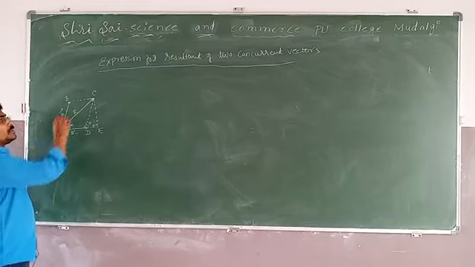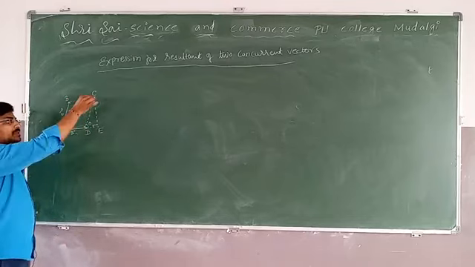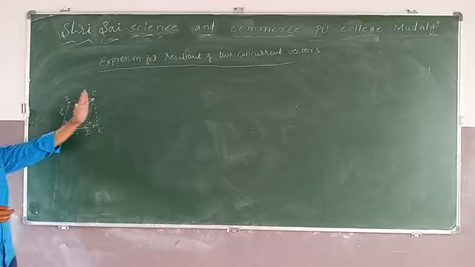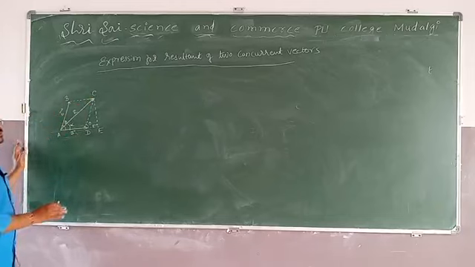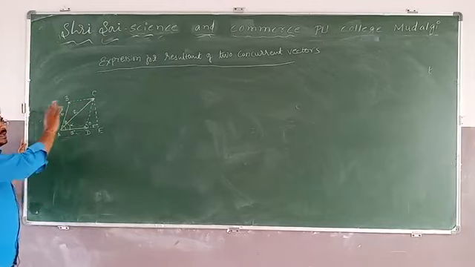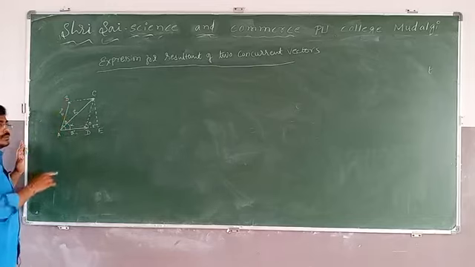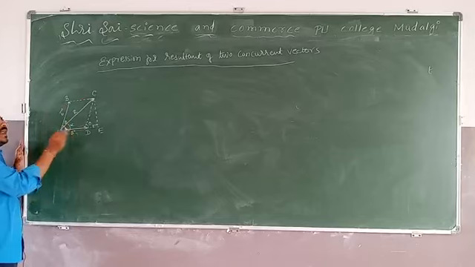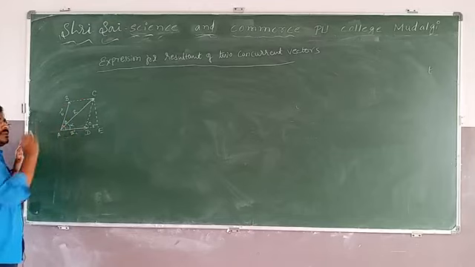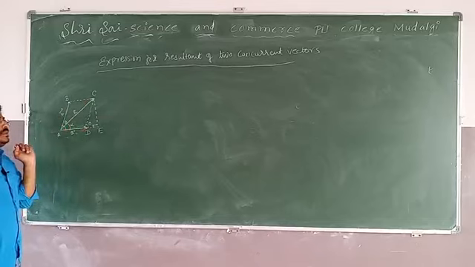And one more thing we should remember, BC and AD are equal, AB and CD are equal. Whatever this diagram indicates, everything I explained. A vector and B vector both are represented by two adjacent sides. Then resultant is given by the diagonal. That diagonal must pass through the same point. The angle between vector A and vector B is theta degree. The angle between vector A and resultant is alpha degree.